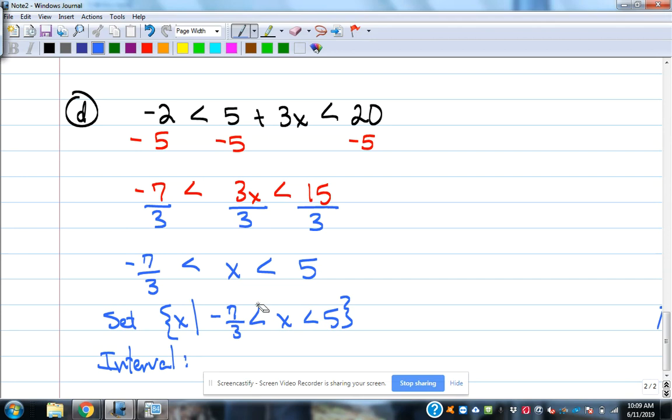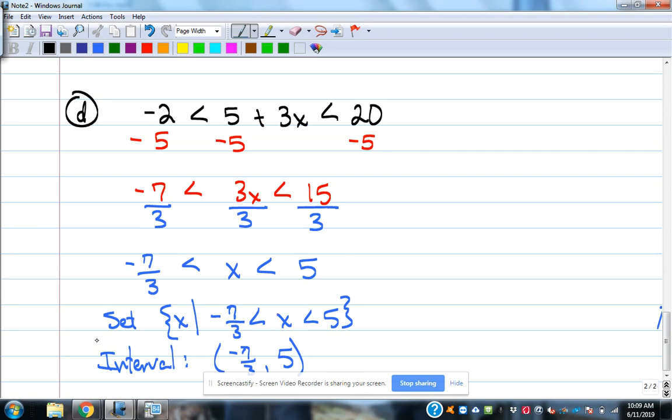Both of those are plain inequality symbols, no equal to mark. So it's going to be parentheses, -7/3, comma, 5, parentheses. Okay. So all that says is the answers are between -7/3 and 5. That's what that sandwiched inequality says.